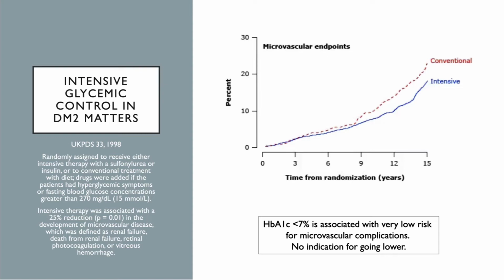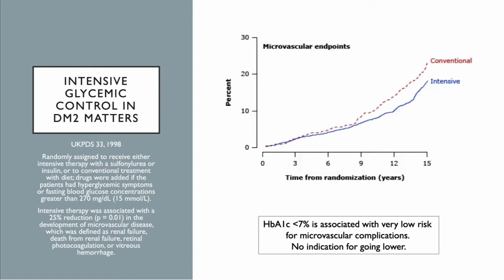They loved this UK PDS thing. It was a groundbreaking trial, so they did a whole bunch of other ones after it. And UK PDS 33, which was published in 1998, showed that intensive glycemic control for type 2 diabetes matters too. And we had terrific improvement in outcomes when we treated the hemoglobin A1C to less than 7%.